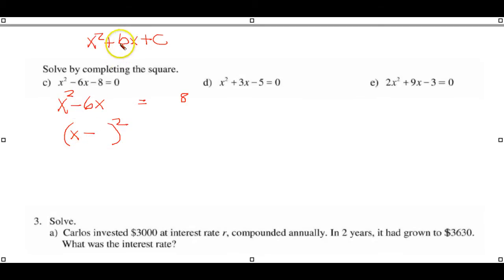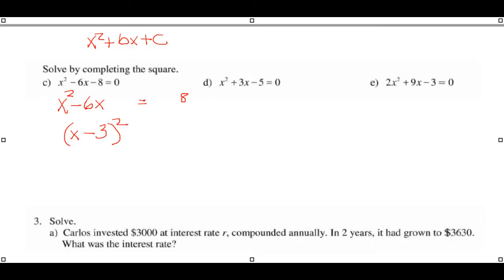Now, we got our b term by multiplying these two together and doubling it. So what do we do there? We divide this by 2, and we get a 3. Now, how do I get my C term up here?